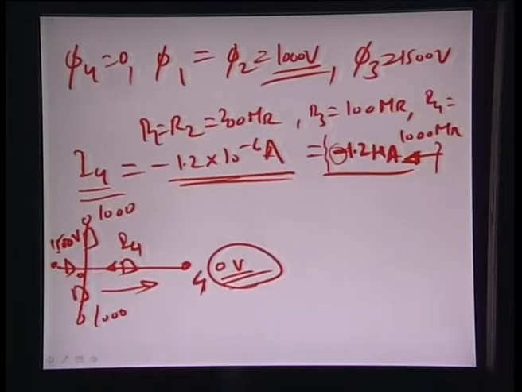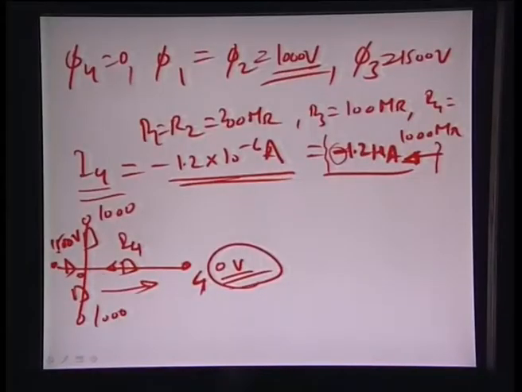The flow of fluid defines the direction of the current, as the current is essentially a flow of ions in the channel. Therefore the minus sign indicates that the current is flowing outward towards reservoir 4 from the junction O. That is one issue about this electrokinetic circuit.